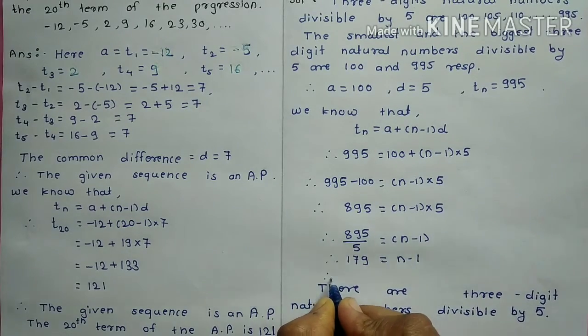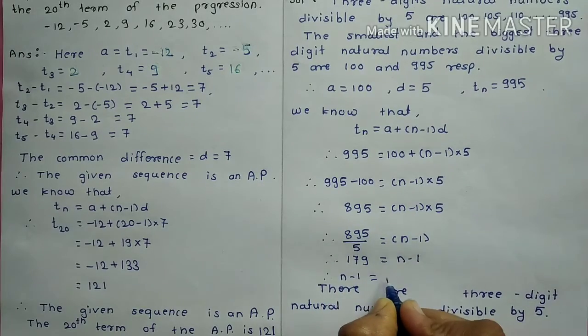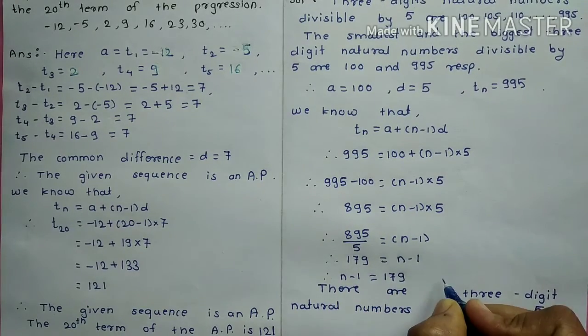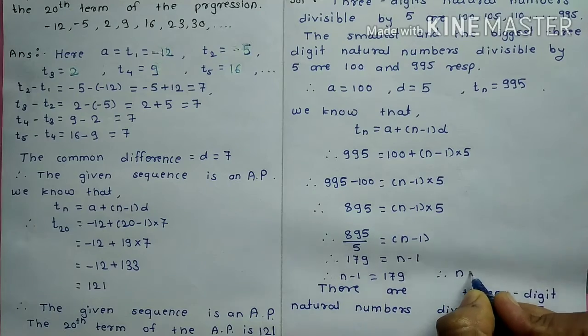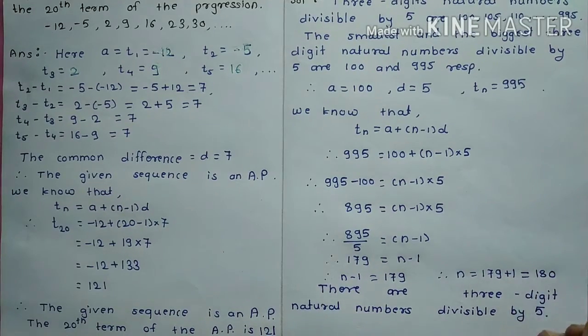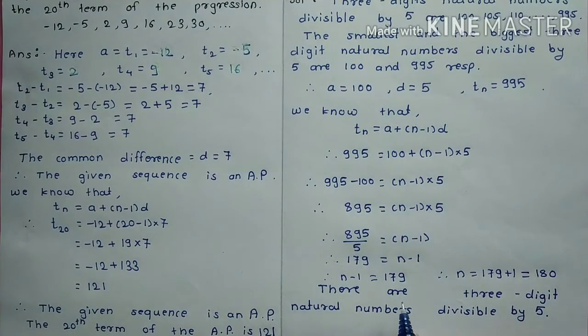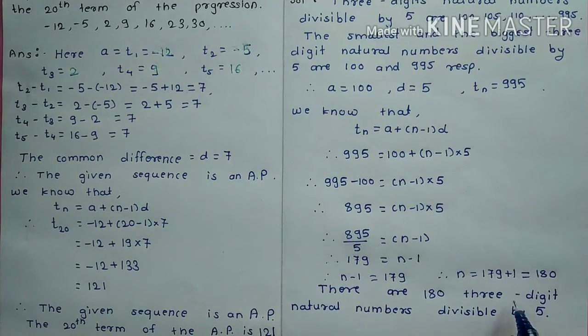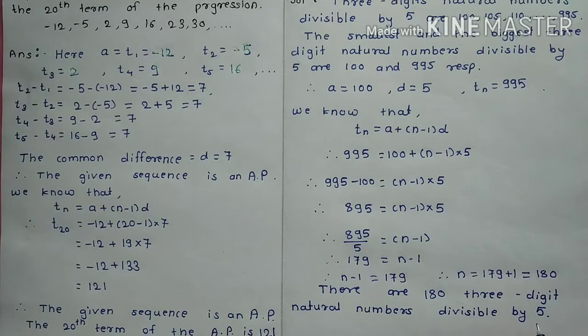Therefore n minus 1 is equal to 179. Therefore n equal to 179 plus 1 is equal to 180. That means there are 180 three-digit natural numbers divisible by 5.